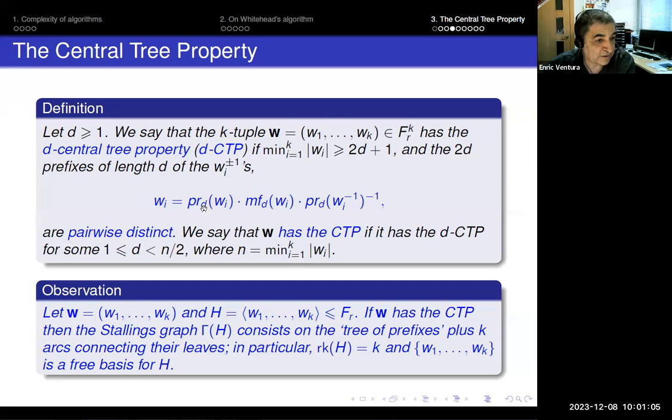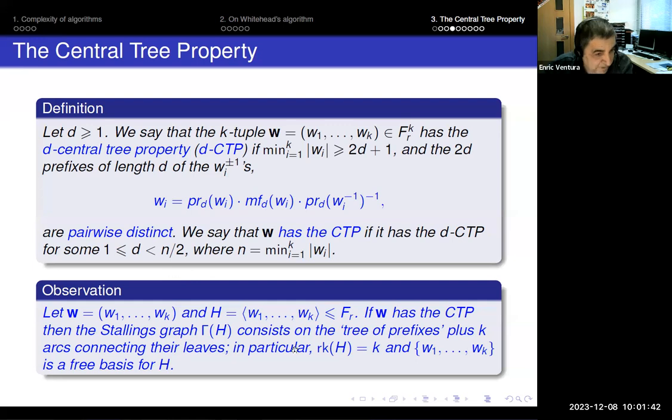If you take all these 2D prefixes and write the corresponding tree, so you draw all these prefixes as lines going out from a vertex and do Stallings foldings, you get a tree of prefixes, and the full Stallings graph will be just this plus the k middle arcs, k connecting arcs spelling the central segments of the words, connecting corresponding leaves of the tree.